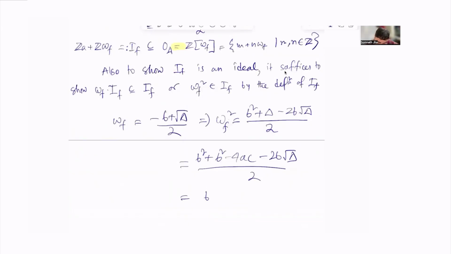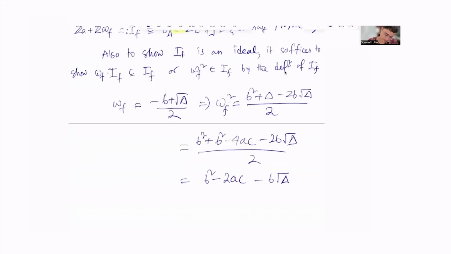So this is b square minus 2ac, minus b root delta. Just a moment: b square plus delta minus 2b root delta, and b square plus delta is b square minus 4ac. So 2b square minus 4ac, over 2, is b square minus 2ac.